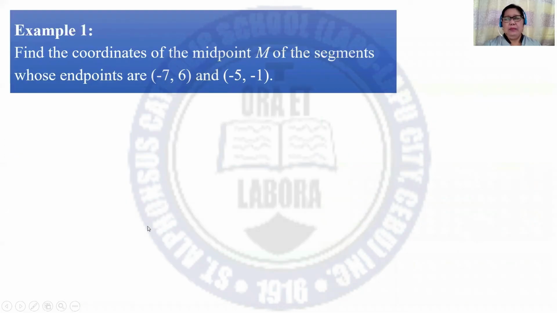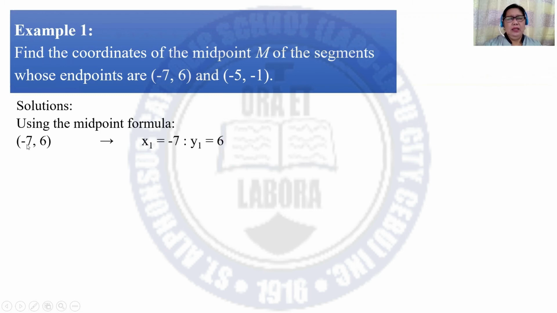Let us have an example. Find the coordinates of the midpoint M of the segment whose endpoints have coordinates (-7, 6) and (-5, -1). For the solutions, we have, using the midpoint formula, in this point, -7 is the value of x sub 1 and 6 is the value of y sub 1.